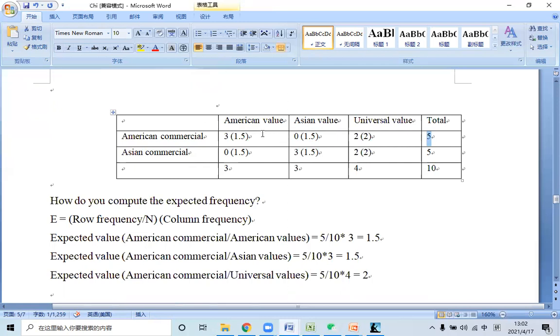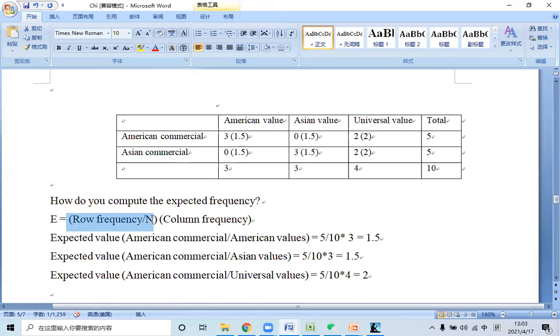And how many of them would you expect to express American values if there's no relation between the 2 variables, if the 2 variables are independent of each other? That's the expected value. And you have a way to calculate that.